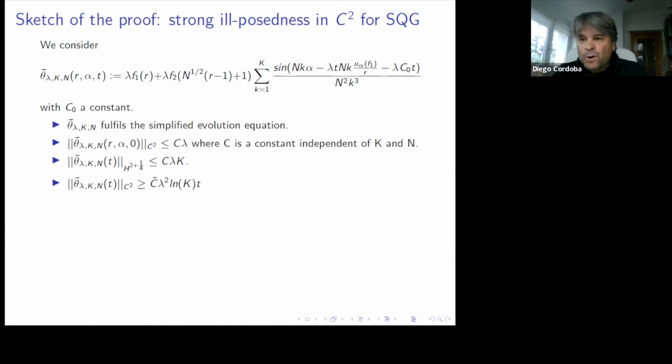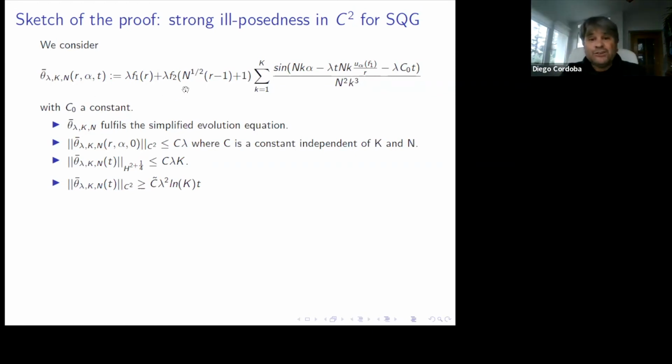And if I look at the C2 norm, how it evolves, I can get a lower bound that depends on some constant, which is independent of lambda, K and capital N, times lambda squared, times the log of capital K and small t. So if you fix lambda and you fix the time at which you want your C2 norm to be very big, you just have to take K, capital K, sufficiently big to reach that growth.